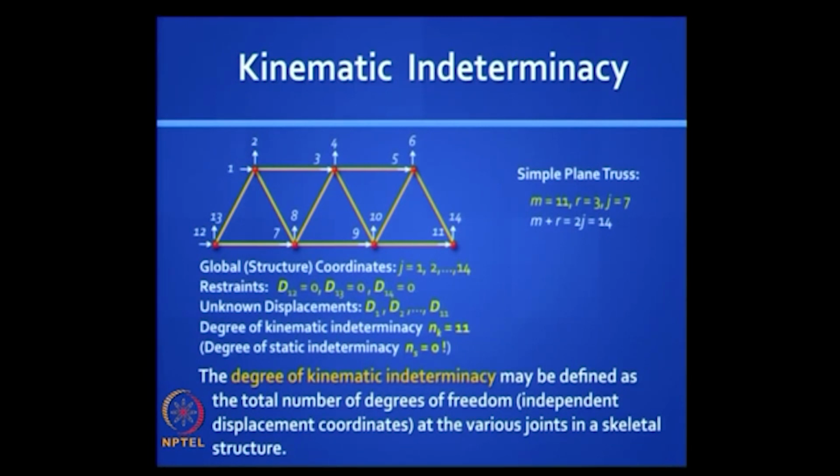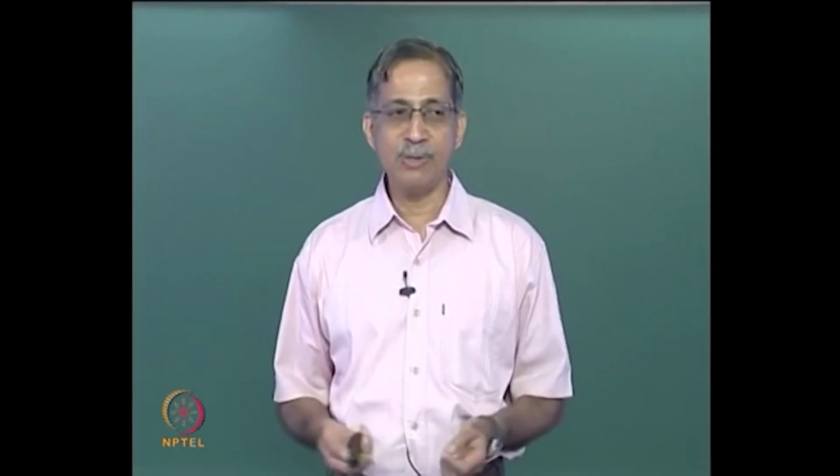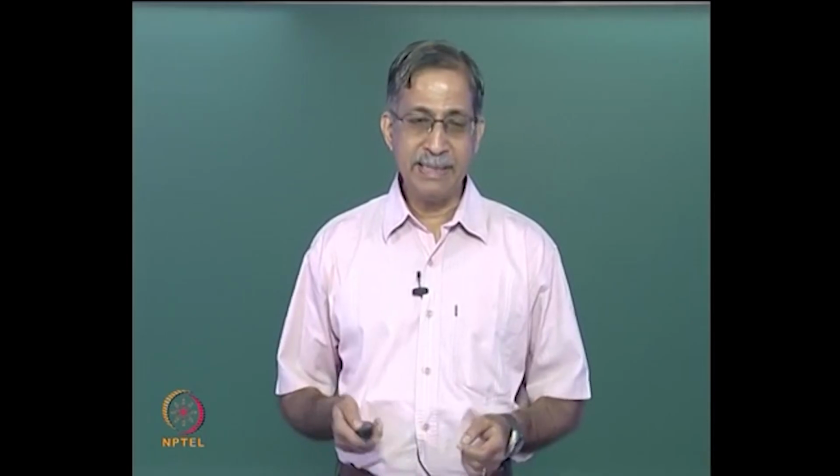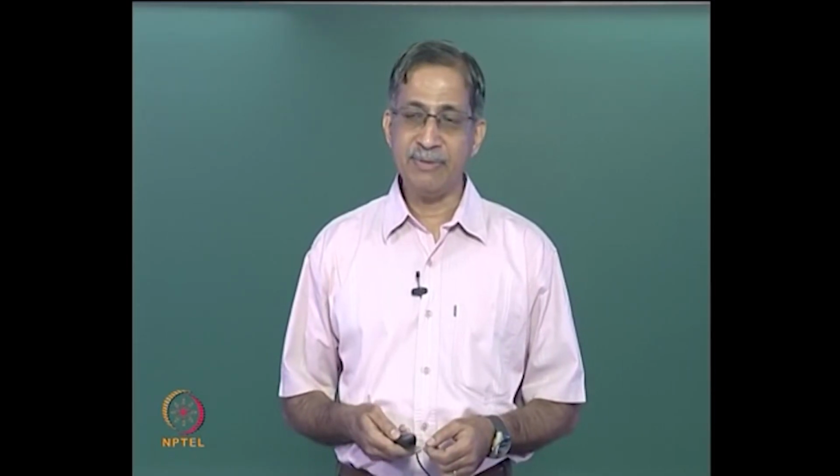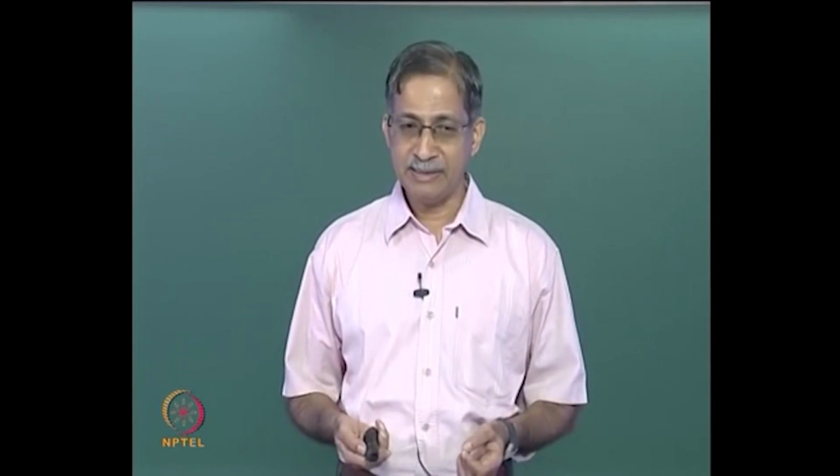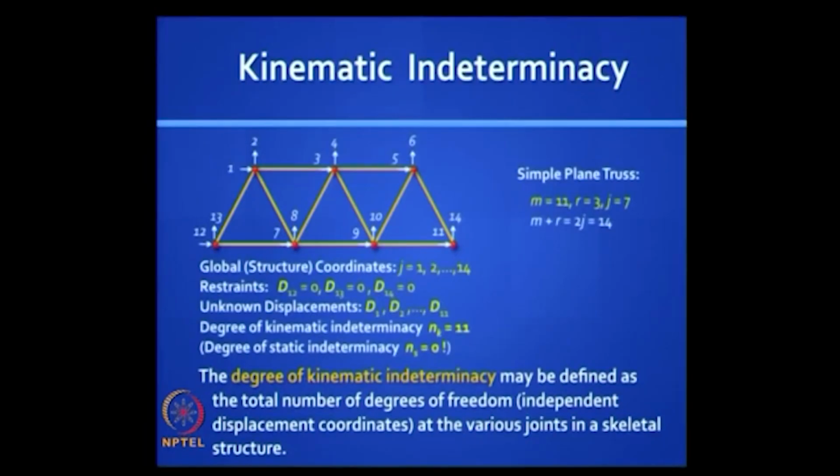So we begin with the free displacements and we end with the arrested displacements. The arrested displacements are those where we know for sure that the deflections are 0. So there is nothing unknown about them, and the degree of kinematic indeterminacy refers to the unknown displacements. In this case it will be 11.